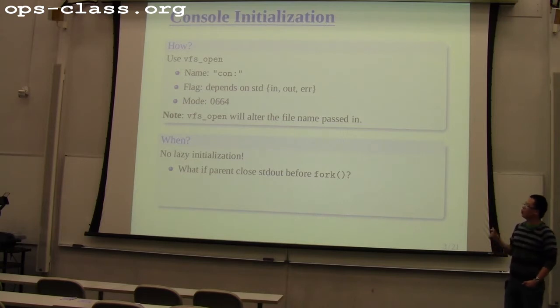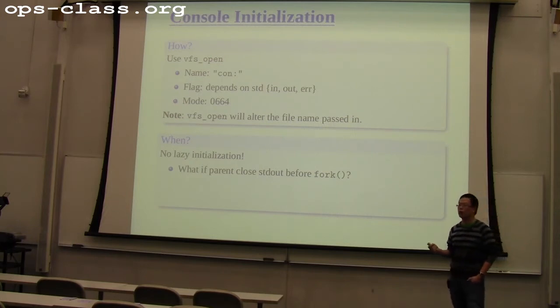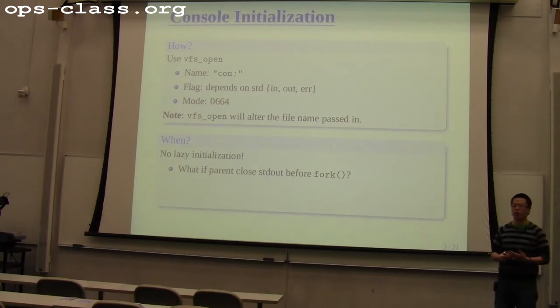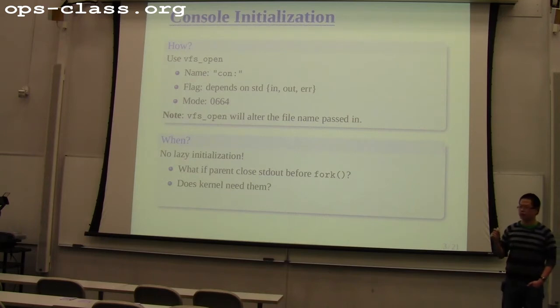So why do we need to open the consoles for a process to write or read from it? That's because in kernel space we don't need to open it, right? We just directly call kprintf or kgets to read or write from the console. The kernel doesn't need to do VFS open on the console files to read or write it.